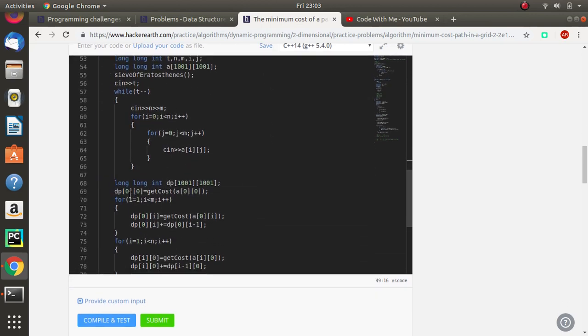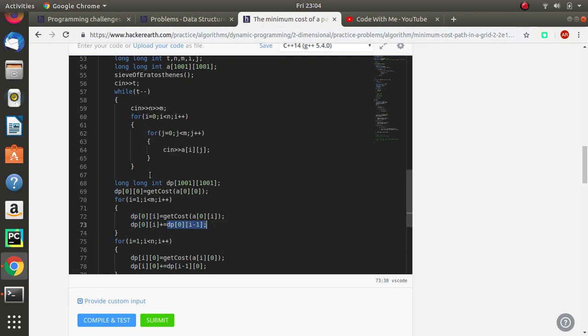Now for 0 0, meaning the first position, we will get the cost. Then we will move in the row. So in the row, for 0 i, we will get the cost of the current cell, and then, because we are storing the cost of the path, we will add the cost of the previous cell.